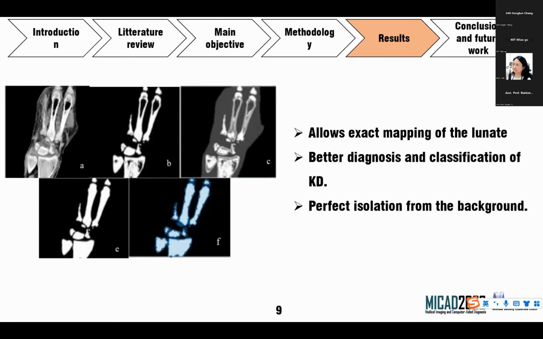And as mentioned before, we utilized DICOM data with the patient presenting scaphoid fracture, and the main objective of this was to evaluate the accuracy of segmentation of our mask, which was proven since the lunate was perfectly segmented from the rest of the background. And this mask will allow better diagnosis and classification of Kienböck disease.